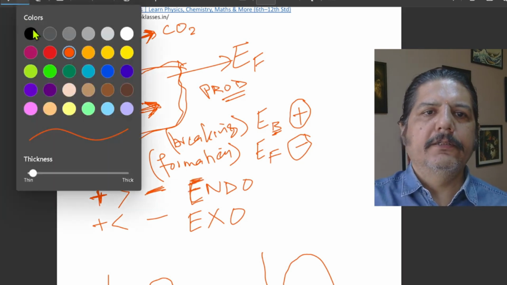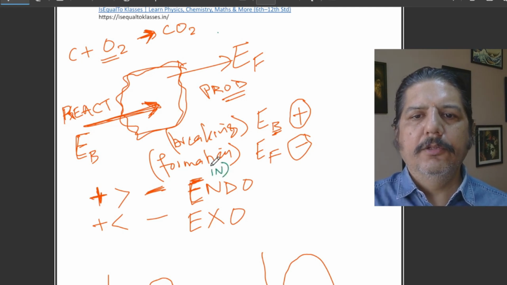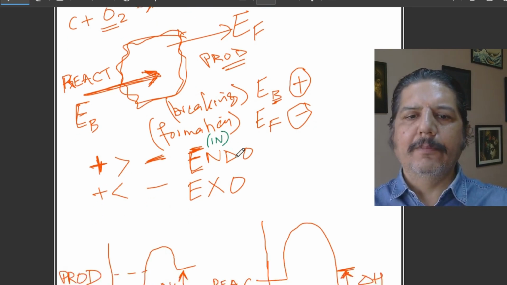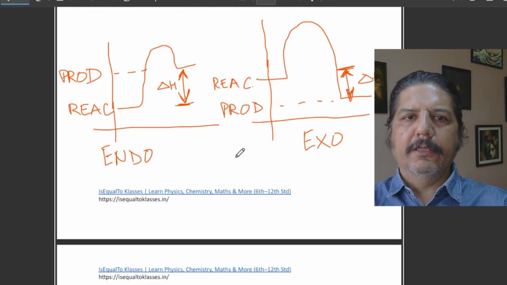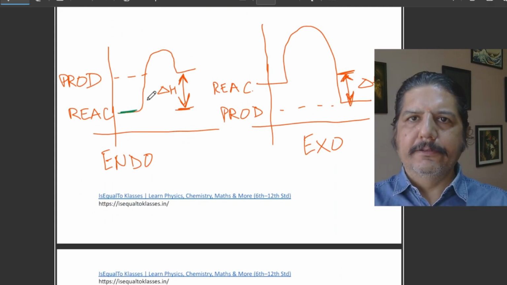Another way of looking at it, if you want a mnemonic, if you are still confused: endo, in, energy in. I'll also explain from the graph side.